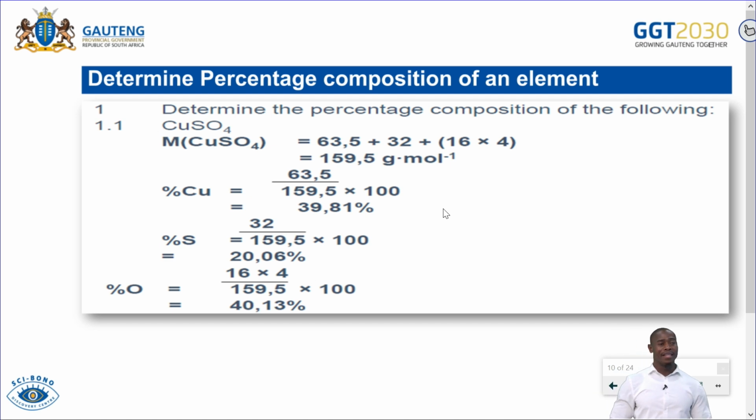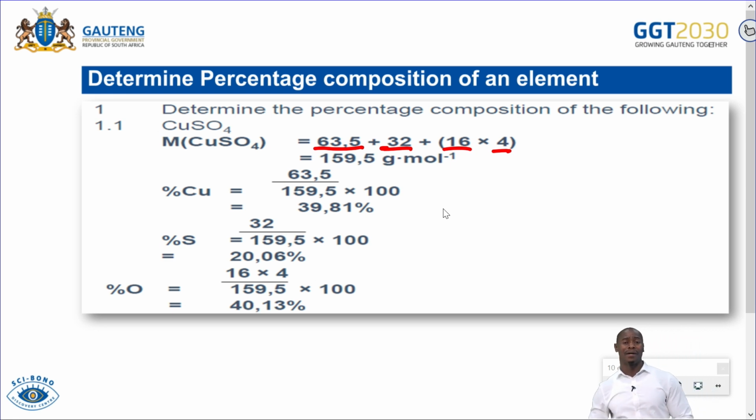You are given copper sulfate there. The first thing that you need to do is to calculate the molar mass of copper sulfate. The relative atomic mass of copper from the periodic table is 63.5. For sulfur it is 32, and for oxygen it is 16, but it's 16 times 4.